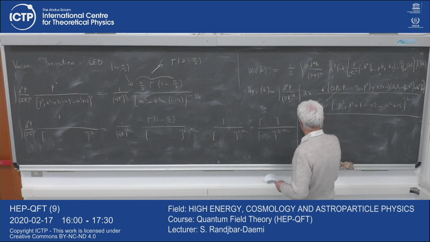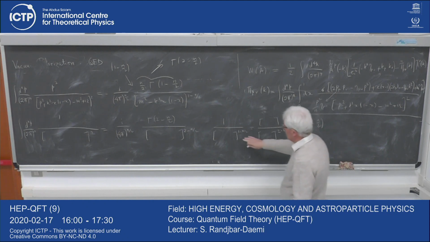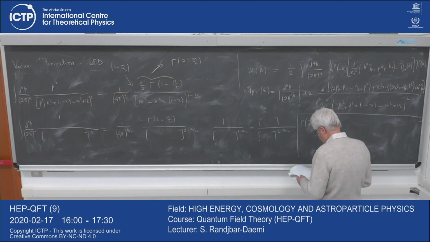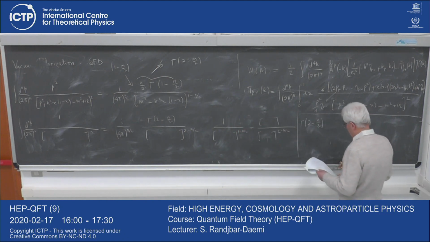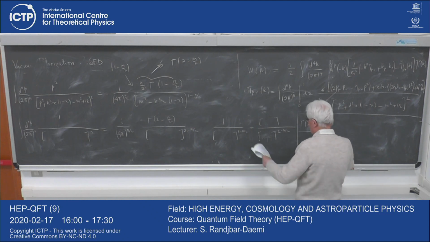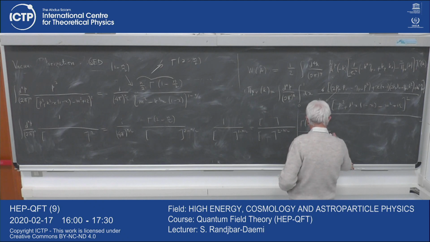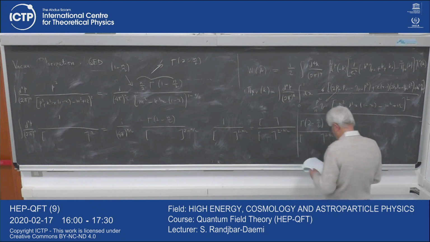The common factors are, after that explanation, 2 minus n over 2. This is that object times what we have from here, and the denominator to the power minus n over 2. That's the same in both of them.